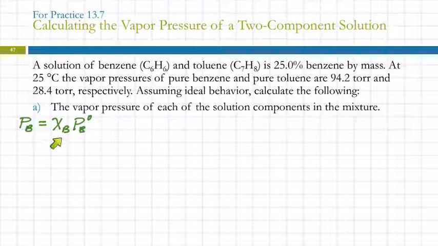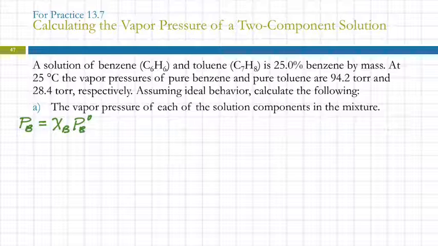If the mole fraction of benzene was 1, then the partial pressure of benzene would be equal to the pressure for the pure benzene. And if this is 0, then the vapor pressure from benzene is 0. So we've got the vapor pressure, we need the mole fraction.